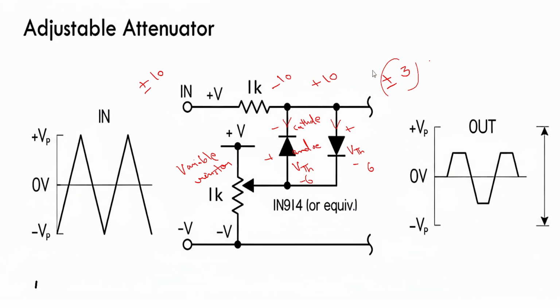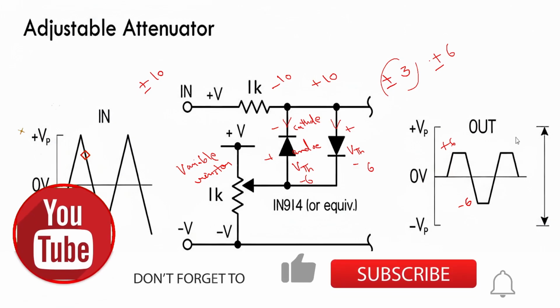If someone is applying both positive and negative signals here, the positive signal will go from here to here and be limited to positive 6 volt, and the negative signal going from here to here will create negative 6 volt. So the signal will be like this: positive 6 volt, negative 6 volt. The variation will happen, you can change the signal further, and the other parts will be eliminated by using these diodes.